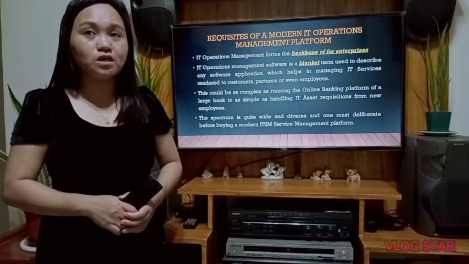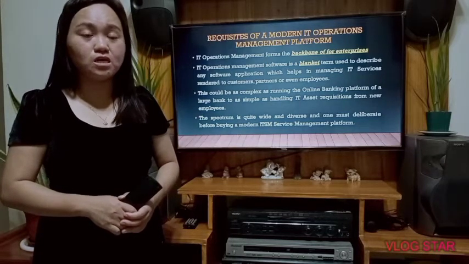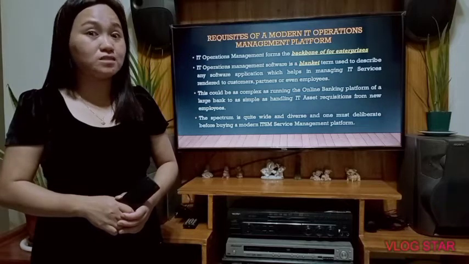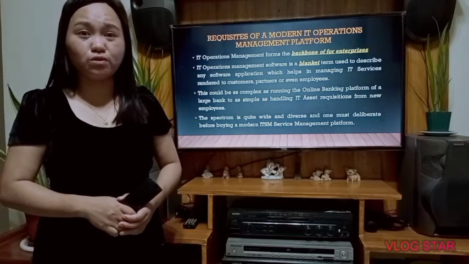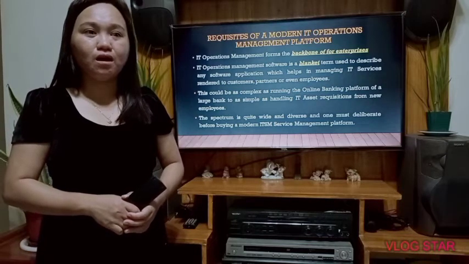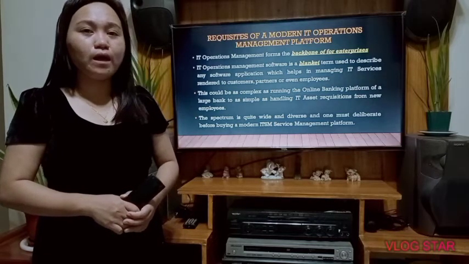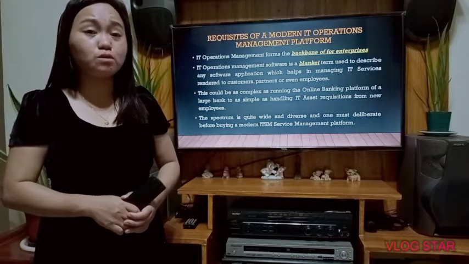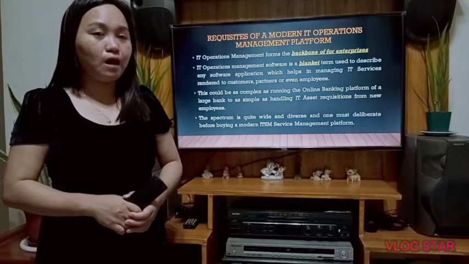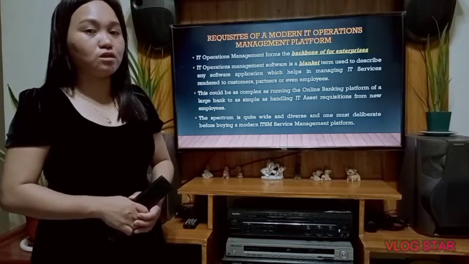Why? Because it will give them efficiency. It will be less hassle on their part to do the inventory, to do the accounting, to do the journal entry. So it is much easier, and it's recommended that they should be using a system that is run by information technology.